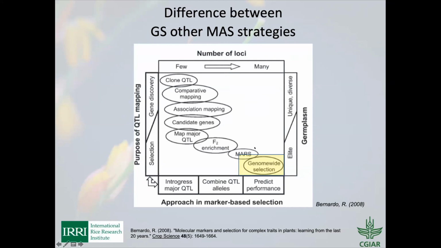So for example, if you want to identify QTLs, QTL mapping, association mapping, and then identifying candidate genes, all these are important and relevant in certain cases where the trait is controlled by few loci, and you're in the discovery phase predominantly.